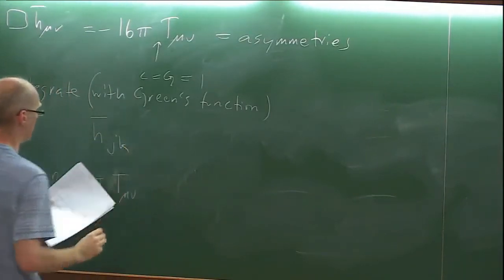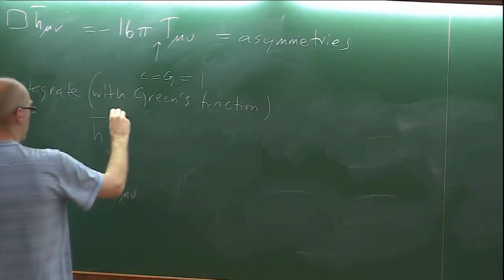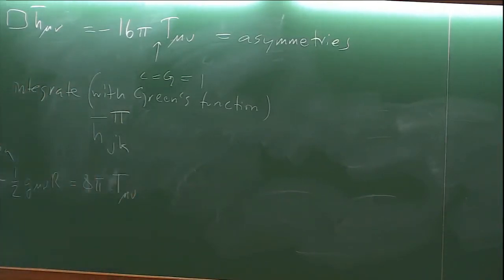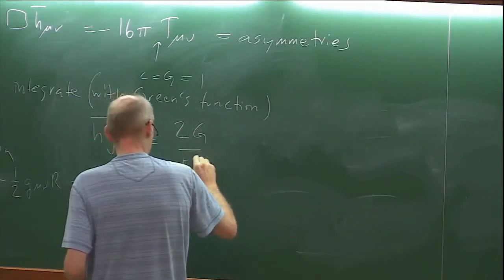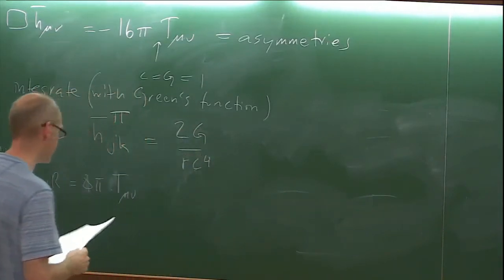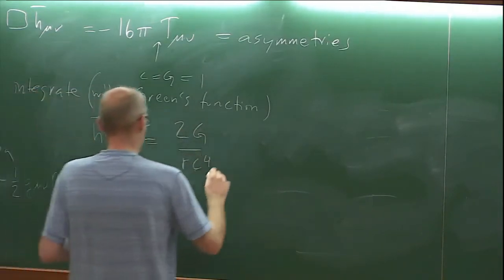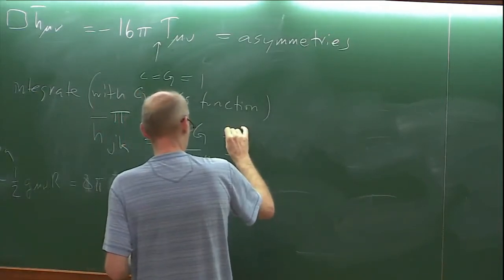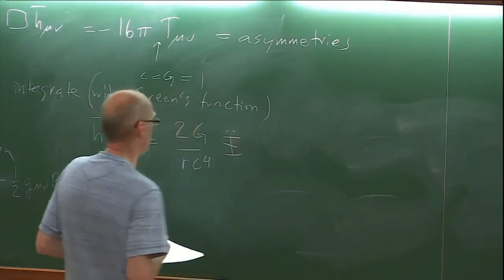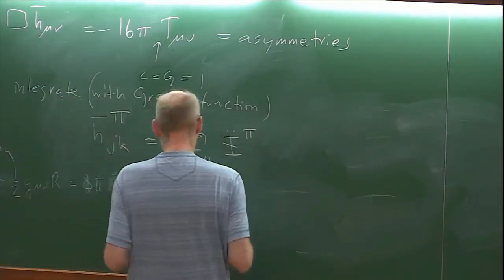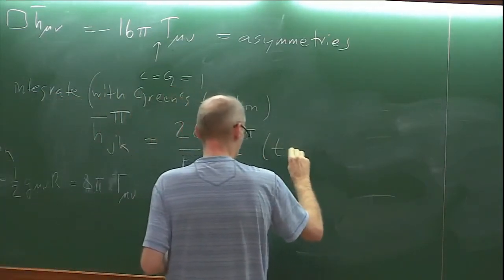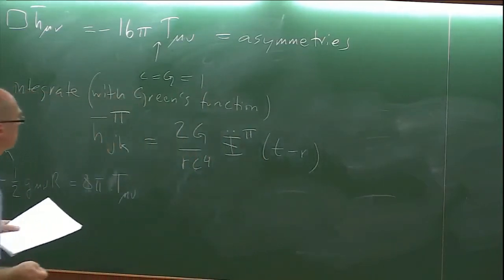Now this is only in spatial components, in transverse traceless gauge, which I'm sure you were talked about last week, so I'm going to just cut to the chase. We have now put the numbers back in again, 2G over r c to the fourth, and then the reduced quadrupole moment, I with a bar, two time derivatives, TT again, because it's transverse traceless, and it's a function only of t minus r. Okay.